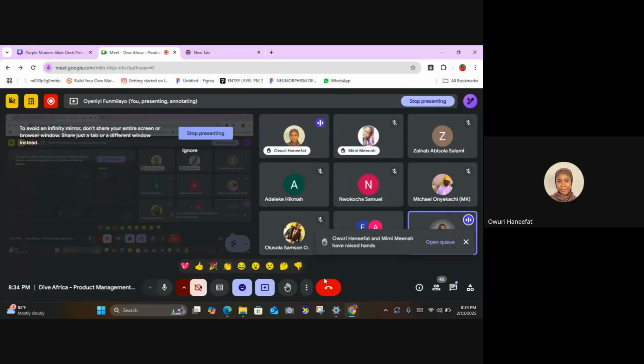So the obvious one that you stated was PiggyVest, but my example is Paystack. When Paystack started, I think they were only supporting 3 countries, and later they expanded support to 7.